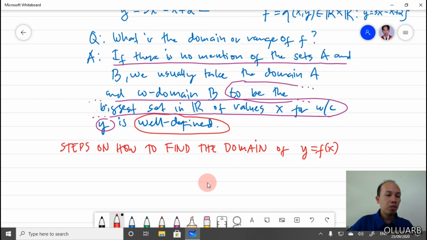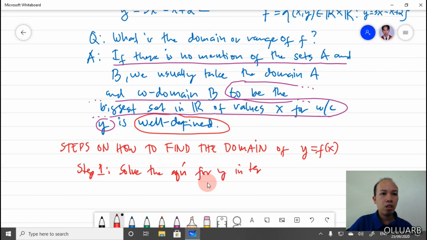Okay, so step one. The first step is to solve the equation for y in terms of x.